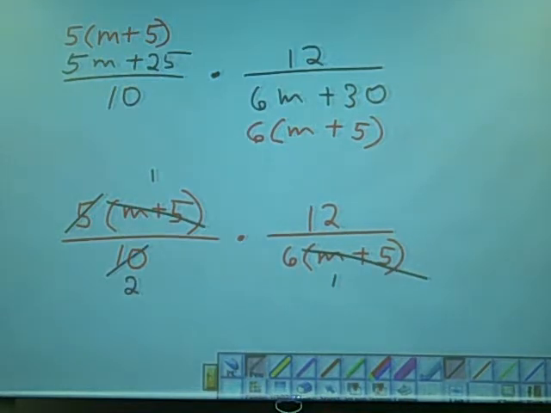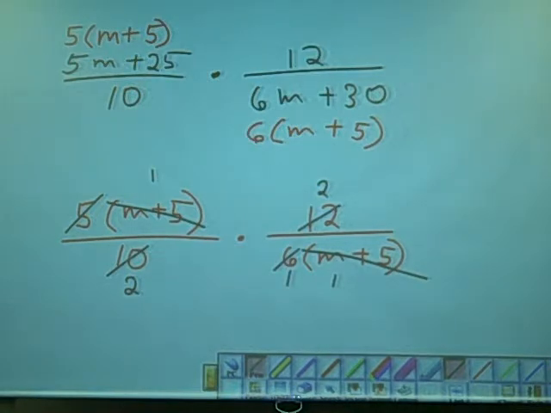All right, what else can cancel? Here. Travis? 6 and 12. Right. 6 and 12, they can cancel, and that's 2. 6 goes in itself once.